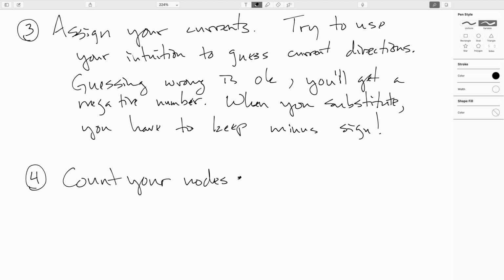And you write down one fewer equations than the number of nodes you have.